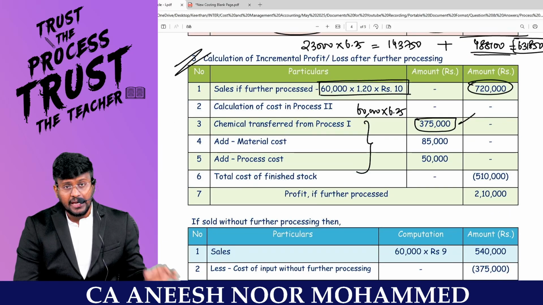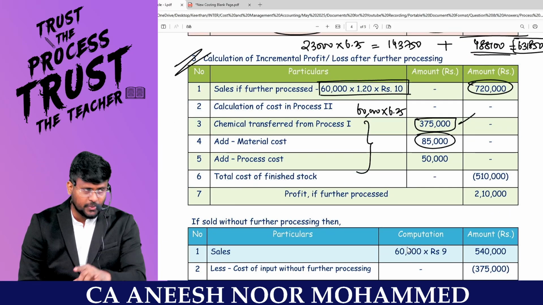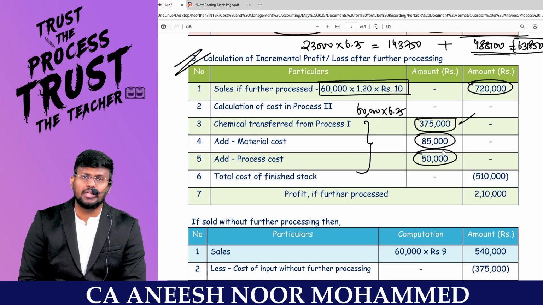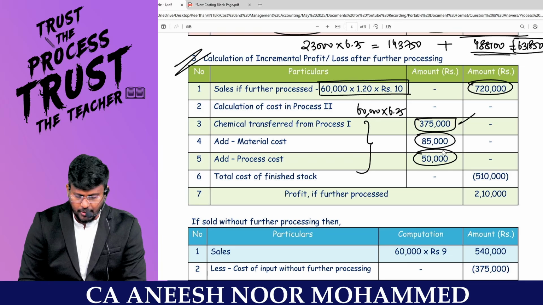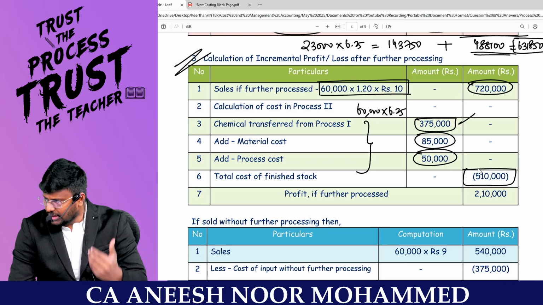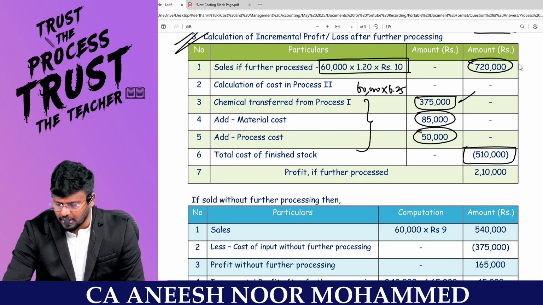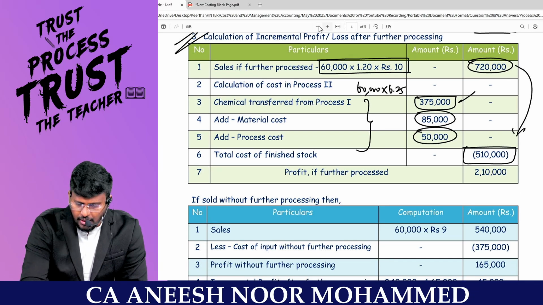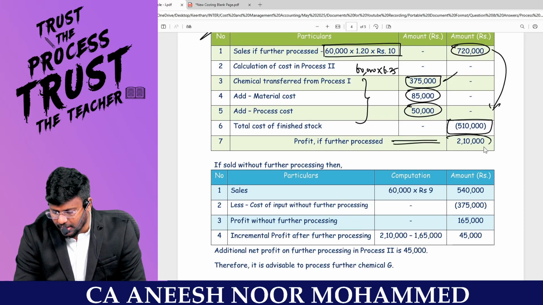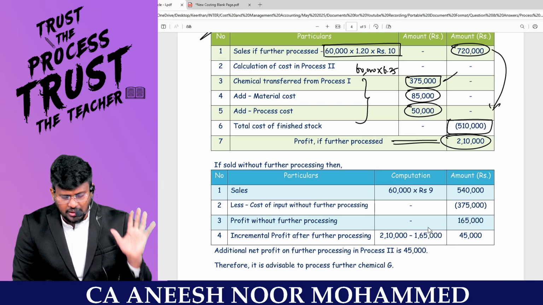In addition to that, for further processing, we spend material 85,000, which is straight away given in the question, and further processing cost of 50,000, which is also given in the question. So the total cost we have incurred for further processing, including the cost incurred in process number 1, is 5,10,000. From 7,20,000, if you reduce 5,10,000, you will be getting 2,10,000 as the profit if you are further processing 60,000 kg.